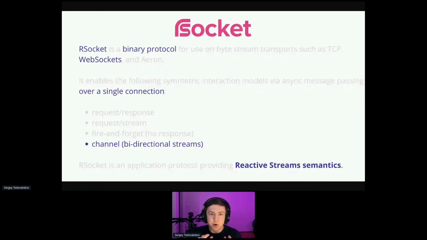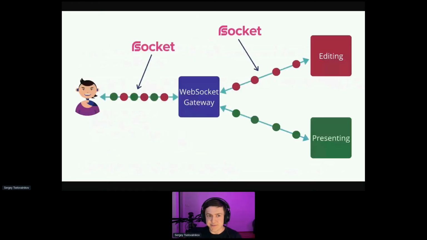It gives you a way to process multiple streams over a single connection, and it provides you with a programming model based on channels. The biggest difference between RSocket and any other protocol is that it gives you reactive stream semantics for those channels, and it propagates these semantics across the network.